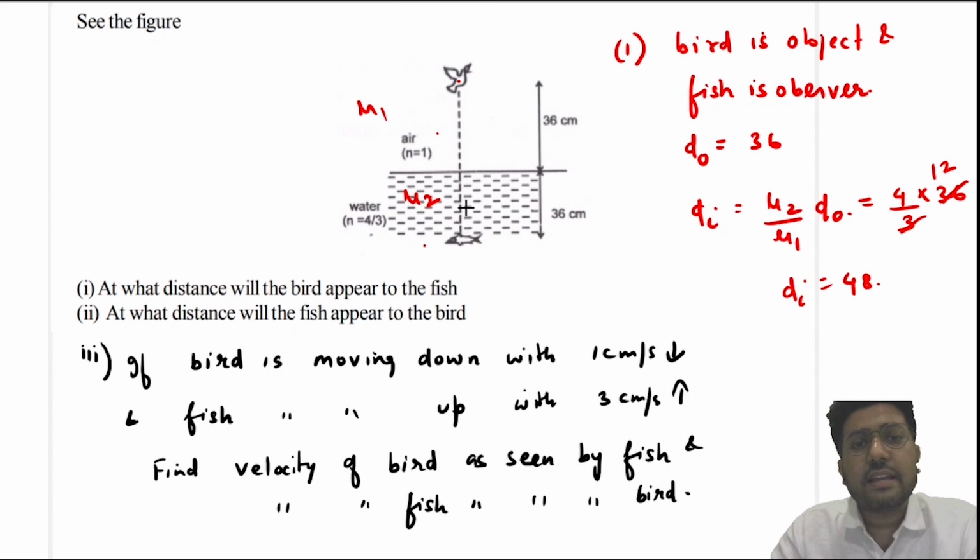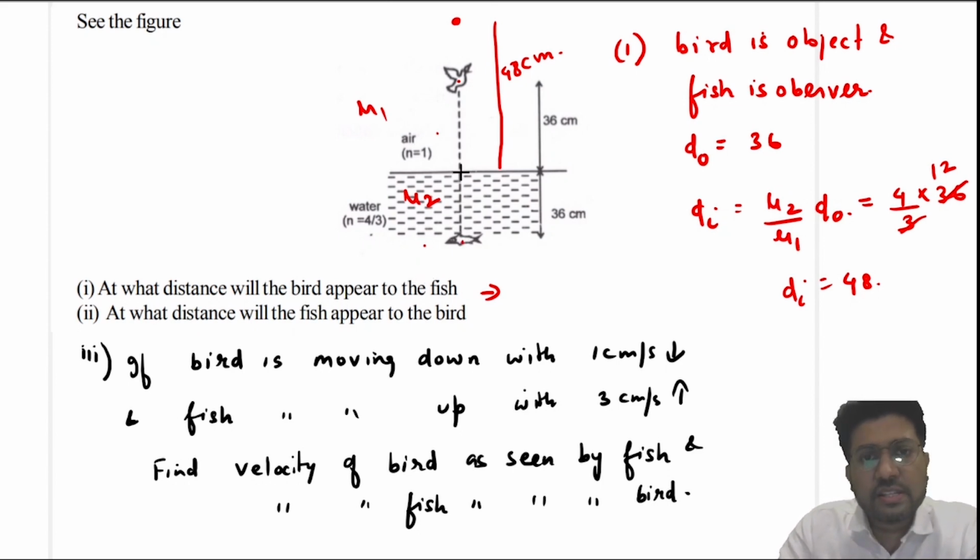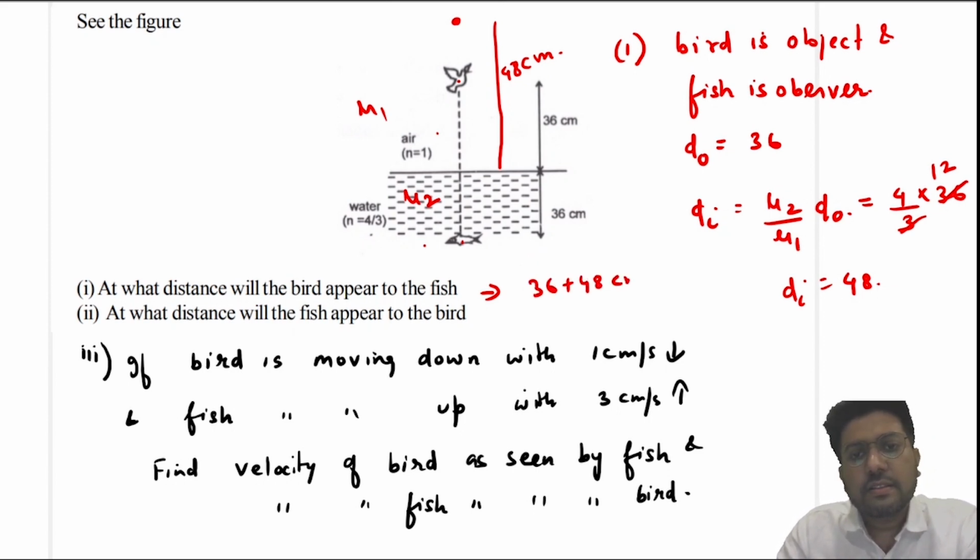So the fish will see the bird at this position, that is at a distance of 48 centimeter from the interface. Now the fish is also at a distance of 36 centimeter from the interface, right? So you will write 36 plus 48 centimeter. This is the answer. This is the distance between the bird and the fish as seen by the fish.